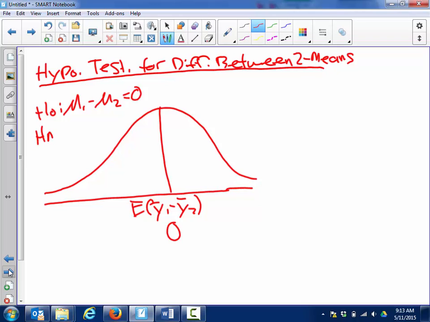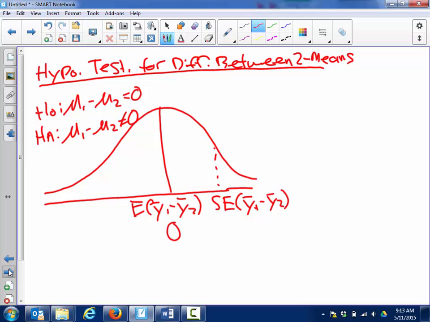Depending upon your null hypothesis, if you say the population mean of the first minus the population mean of the second groups is equal to 0, then your bell curve is going to be centered on 0. I don't really care what the alternative is, but I'll write out a sample alternative here: mu1 minus mu2 not equal to 0.